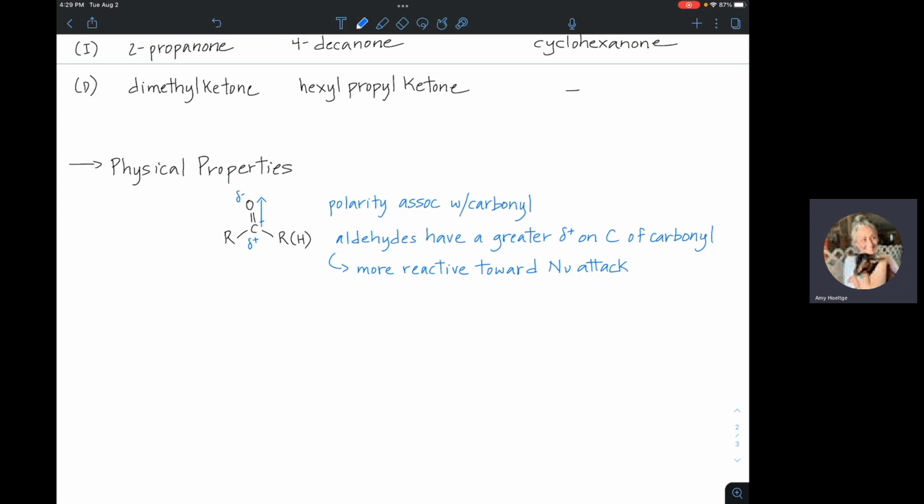Then acetaldehyde is going to be more reactive toward nucleophilic attack because the carbon is more electropositive. It's more electrophilic, more deficient in electrons. The other thing we have to think about too are the sterics. If you have a ketone, sterics are going to contribute to the greater reactivity of the aldehyde. So the carbonyl carbon is going to be more accessible in an aldehyde.